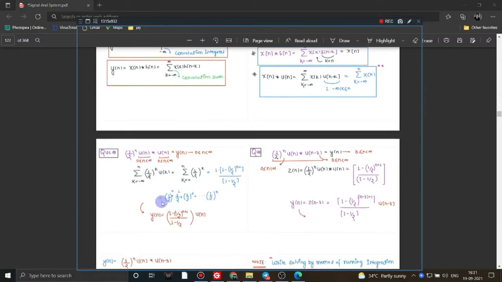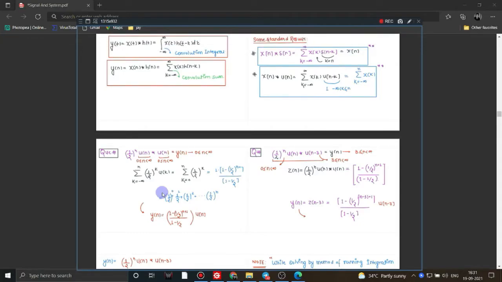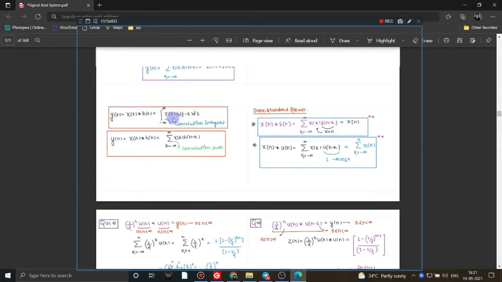Now this is the first question. (1/2)^n u[n] convolved with u[n]. They both have the same time period, and as we know, if you convolve any function with u[n], it gives the running summation of that function. So this is the function here, and now sigma k from minus infinity to n of (1/2)^k u[k]. In continuous time we have variable tau, and in discrete we have variable k and n minus k.